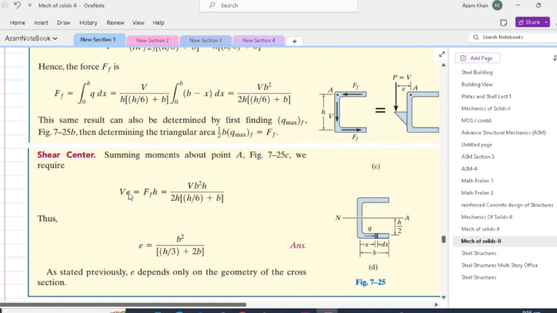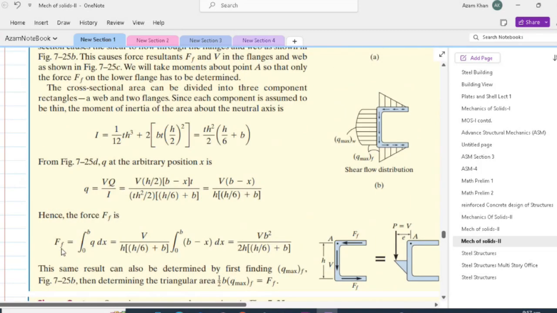Hence, V times e will be equal to the flange force times h, and the flange force is determined as V b squared divided by 2h (h by 6 plus b). So plugging the values, we will get the eccentricity e, which is equal to b squared by (h by 3 plus 2b).